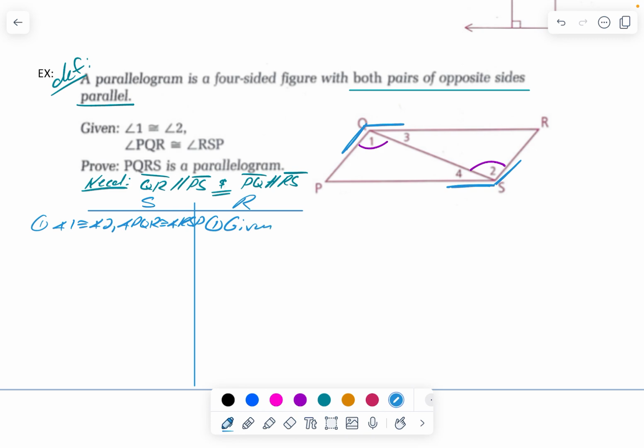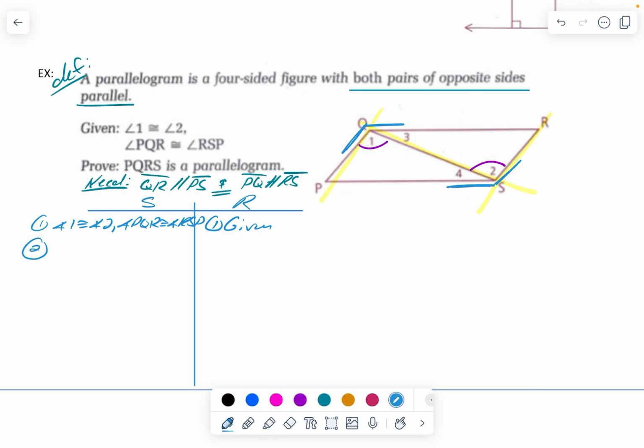Okay, so remember, to show that two lines are parallel, we need to show one of those angle relationships. Well, notice angles 1 and 2 are made up of these three lines. 1, 2, 3, right? Those three lines make up angles 1 and 2. And so PQ and SR would be parallel, with QS being the transversal.